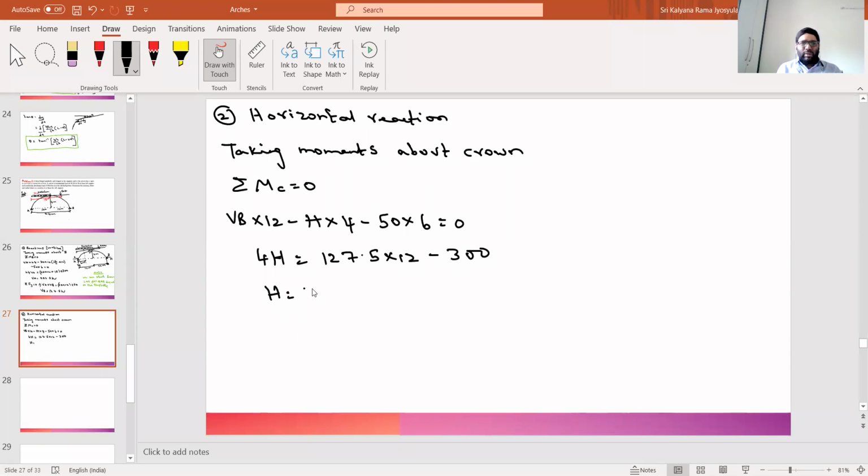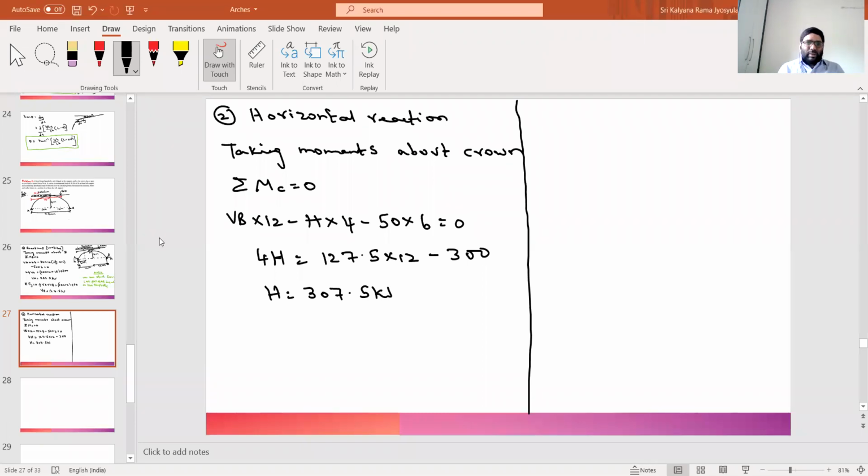So H is equal to 307.5 kilonewton. Okay, horizontal reaction. What all were we asked to calculate? We are asked to calculate moment, normal thrust and radial shear.